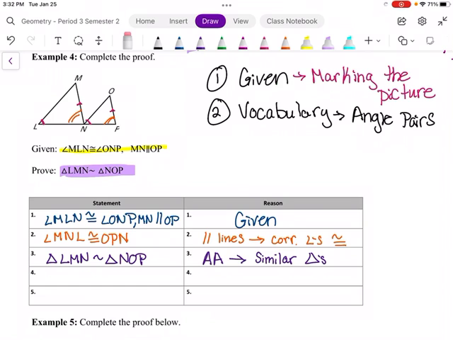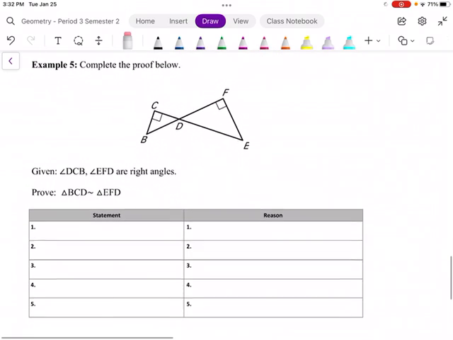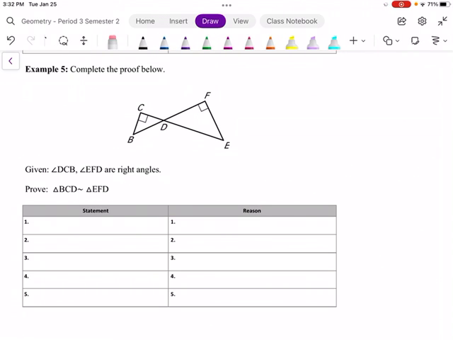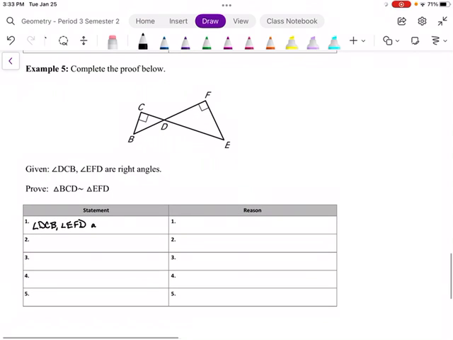So moving on to our next example, we are going to again start with our given information and make sure you write it all down so you get full credit. In this one they told us that we have 2 right angles. That was our given. You'll notice that's already marked in our diagram. And if you remember, all right angles are 90 degrees.